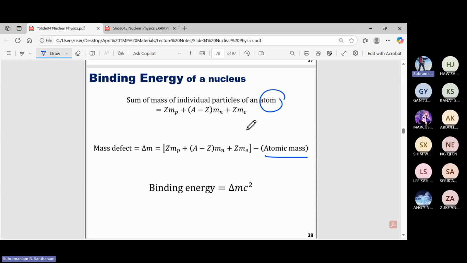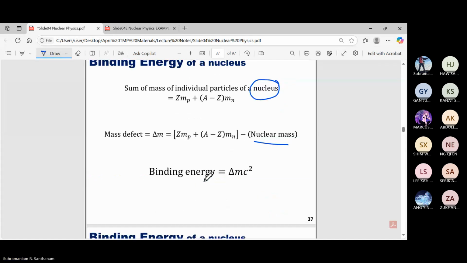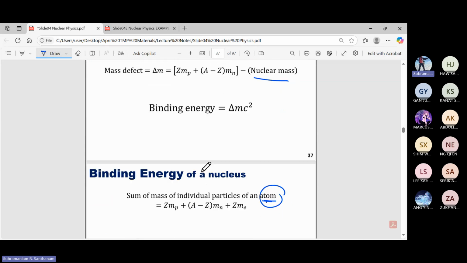When you subtract that, you will get the difference in the mass, which is the mass defect. So you must see whether we are based on the atom or based on the nucleus. If it's the nucleus, then you don't need to subtract the electrons. They will not come in.